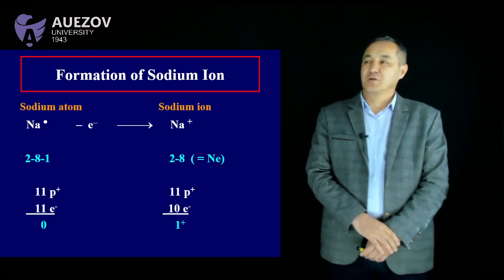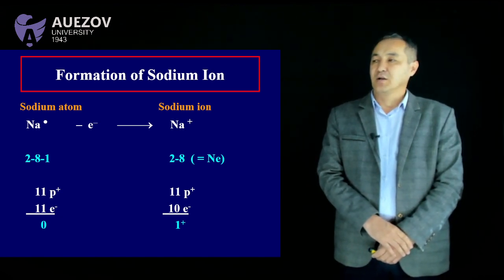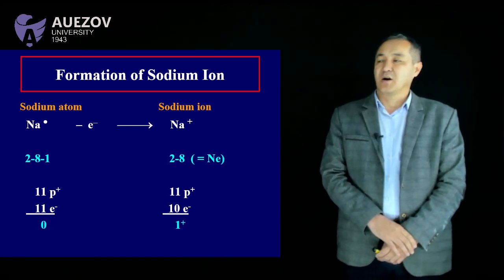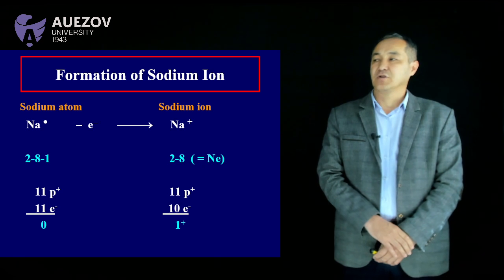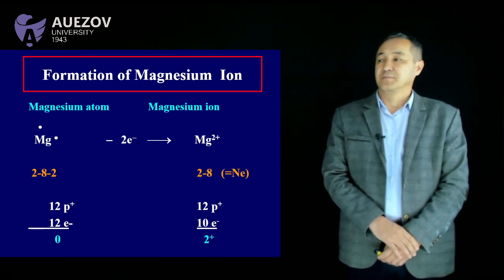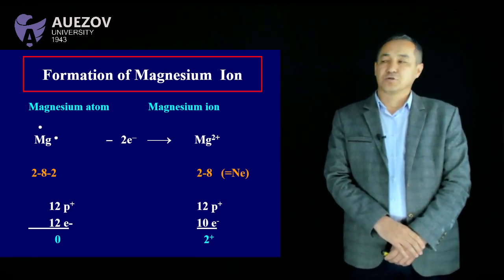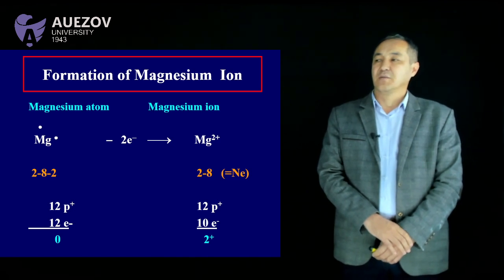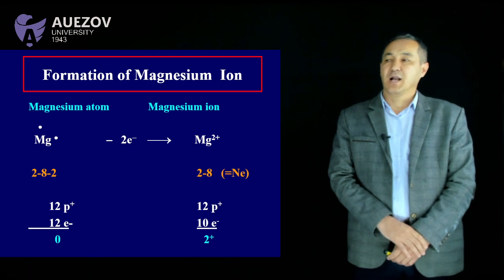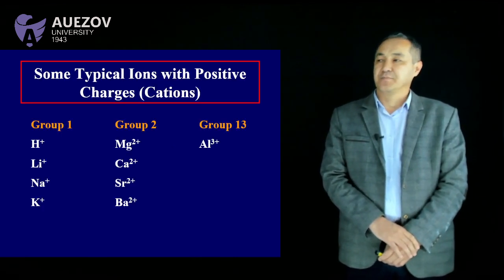Formation of the sodium ion you can see on the slide. A sodium atom loses 1 electron and becomes a sodium ion. Formation of the magnesium ion is similar to the sodium ion. A magnesium atom can lose 2 electrons and becomes a magnesium ion.